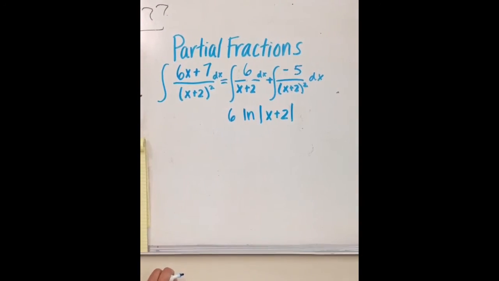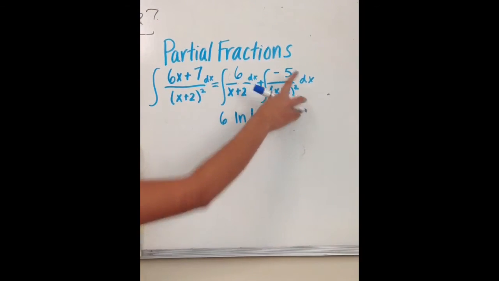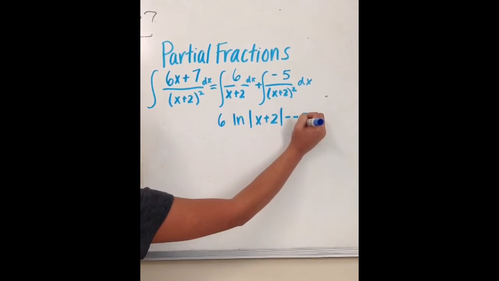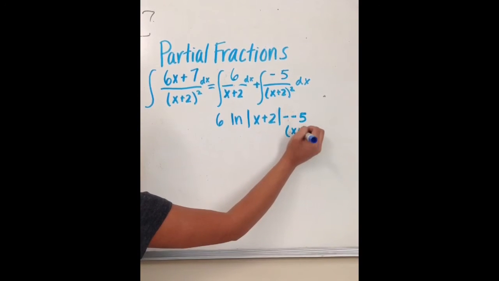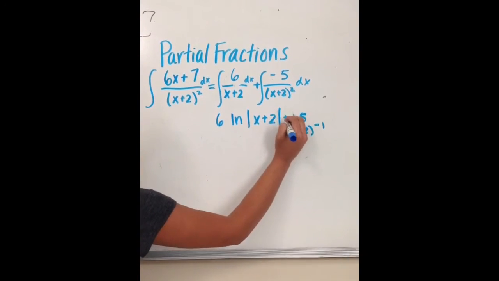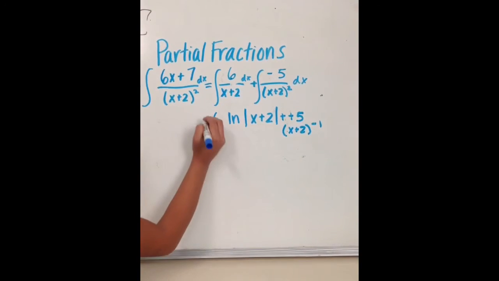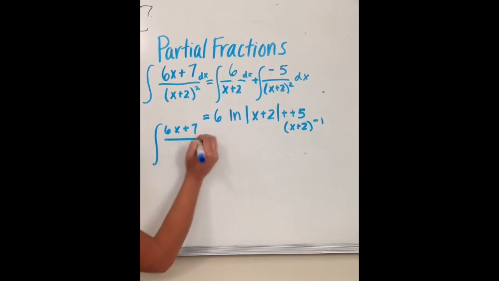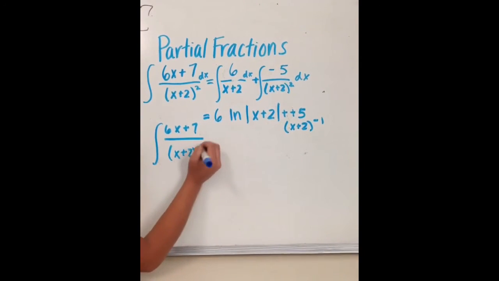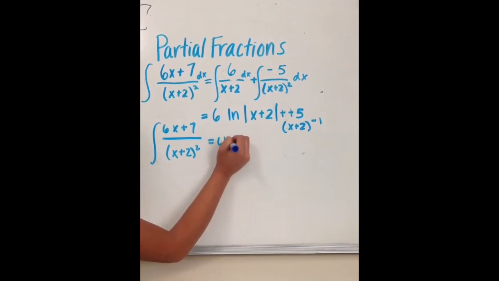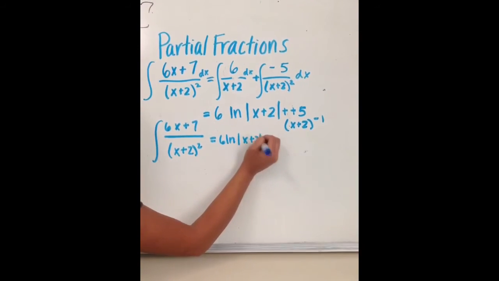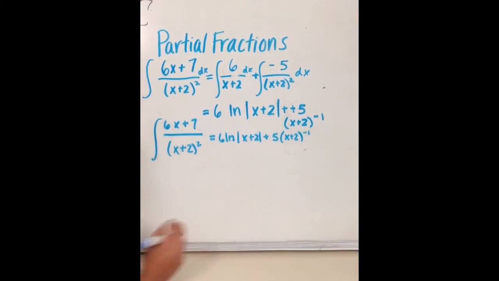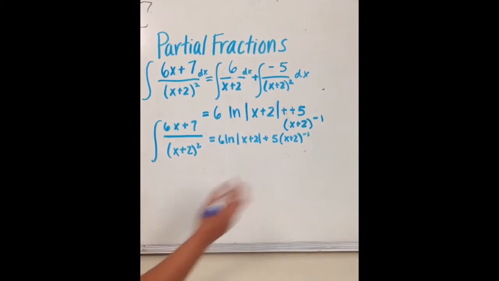And then because it's (x plus 2) squared and negative 5 is a constant, we could take out negative 5, and it'll be (x plus 2) to the negative 1. So the integral of this is equal to 6 ln of the quantity x plus 2 plus 5 (x plus 2) to the negative 1. And then we also have to put the plus C because it's an indefinite integral.